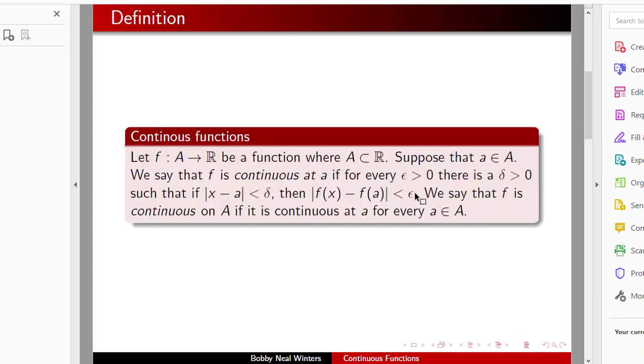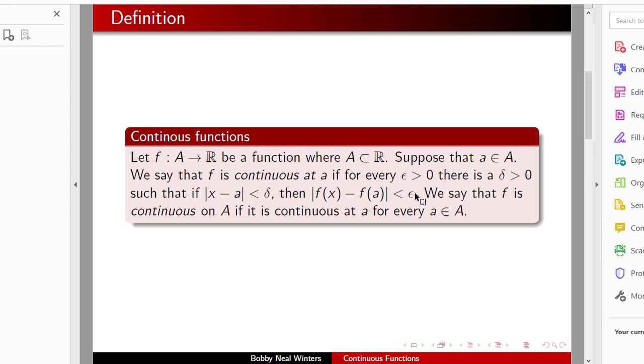Let f from A to R be a function where A is a subset of the real numbers, and suppose that a is an element of the set capital A. We say that f is continuous at a if for every epsilon greater than 0 there's a delta greater than 0, such that if the absolute value of x minus a is less than delta, then the absolute value of f of x minus f of a is less than epsilon.